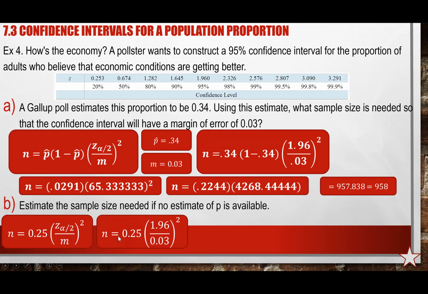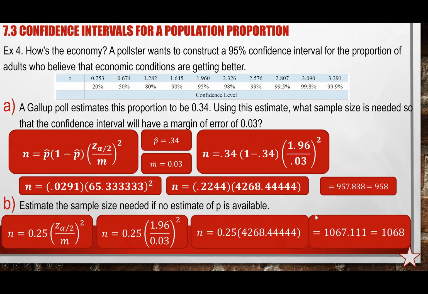And all we do is plug in the same numbers: 1.96 divided by 0.03, which is again 65.33, squared, which is 4268 times 0.25, which gives 1067.1. And like I mentioned, because it's 0.1, we have to go up to the whole number, which is 1068, okay?